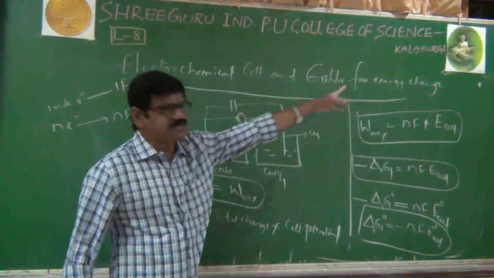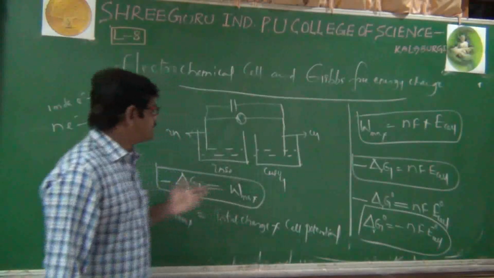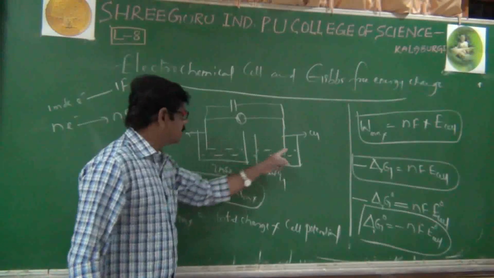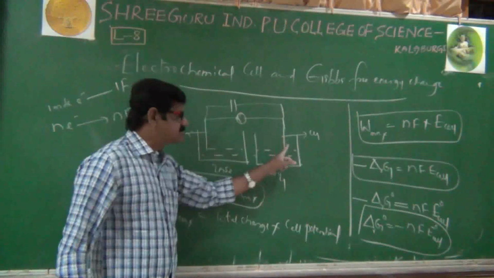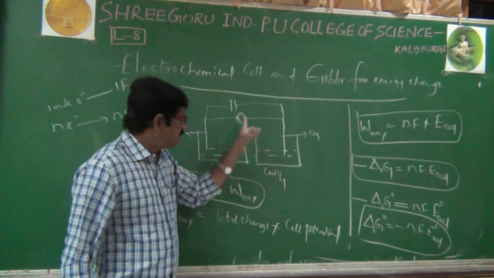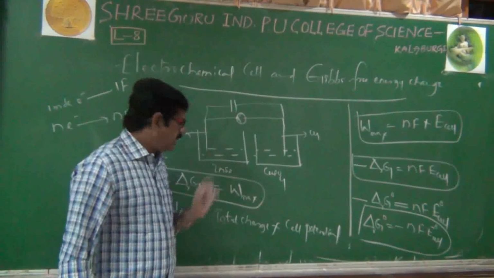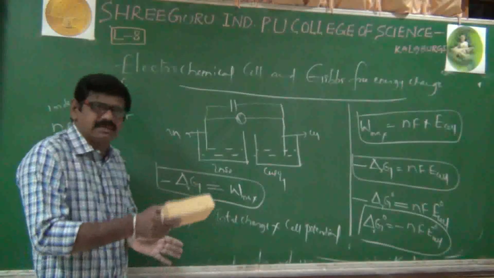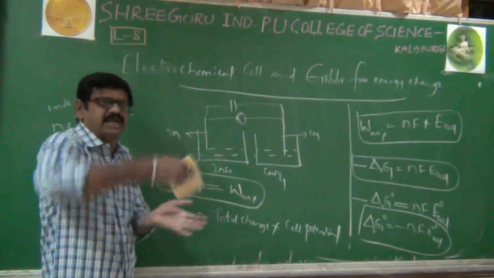Once again, electrochemical cell and Gibbs free energy. Its meaning is, if you observe particularly the Daniell cell, because of oxidation and reduction reactions only, current is produced. And that we are showing as minus delta G, meaning some amount of energy is lost, I mean changing into another form.